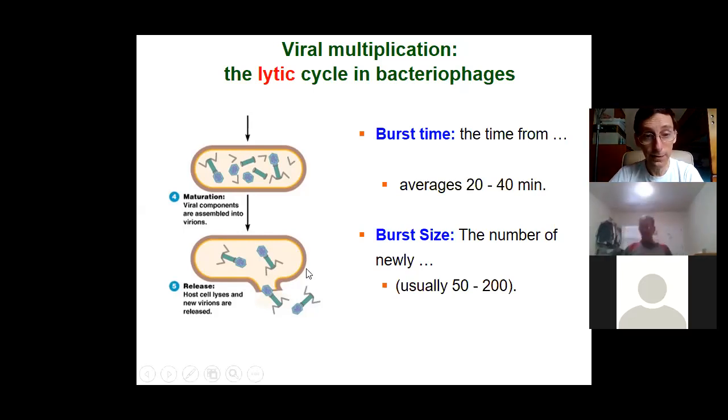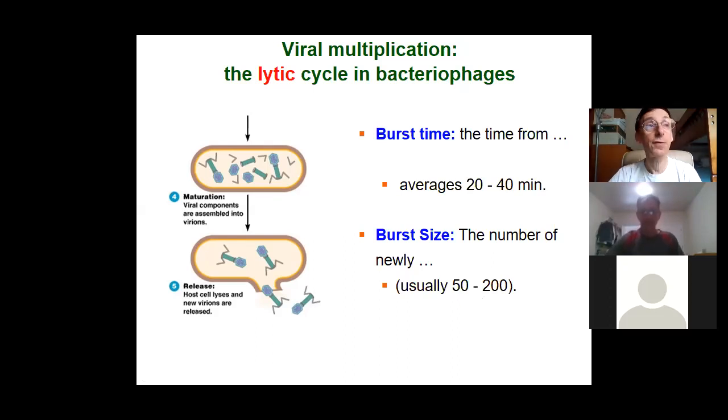And I imagine that has to do with how many resources the cell has. But generally, between 50 new virions can be made, and it can be over 200, but the average is 50 to 200, and it can go up to 300.